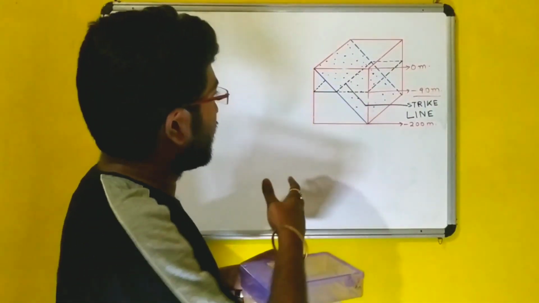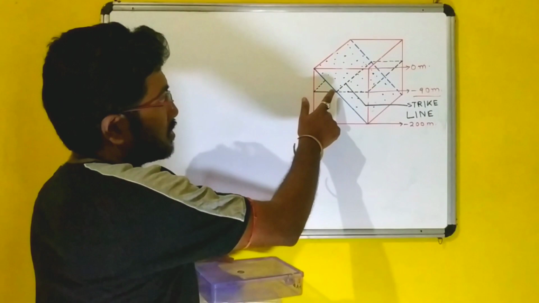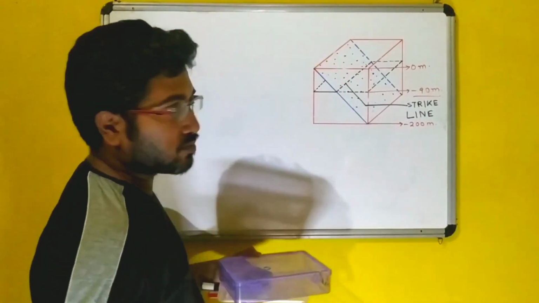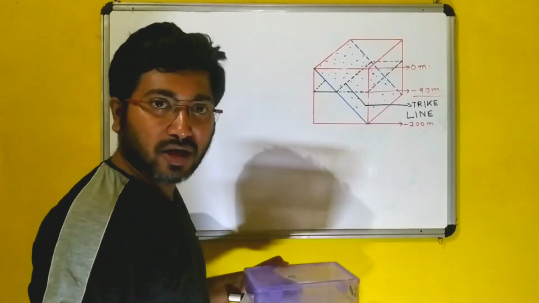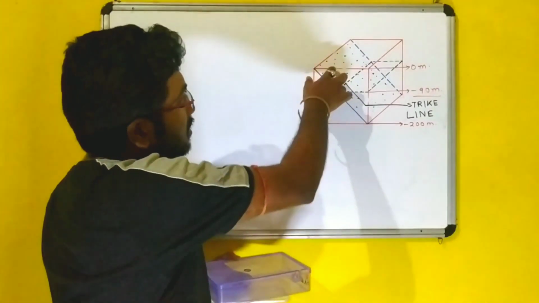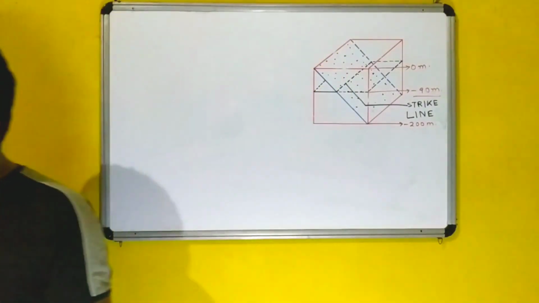So the basic funda is we have to project this straight line to the surface because it is 90 meters below the earth. So we have to project it onto the surface. For that, what we have to do?